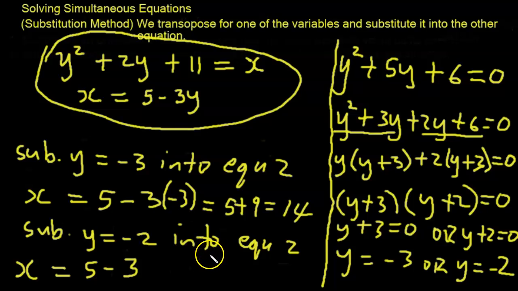And we are using the y value now to be minus 2, so replace the y with minus 2. So therefore 5 minus 3 times minus 2, that's positive 6. So 5 plus 6, that's 11.